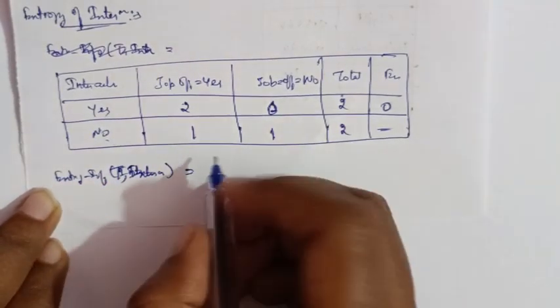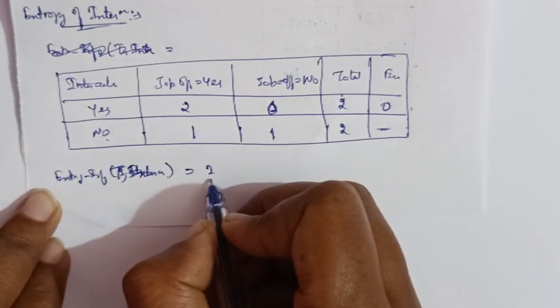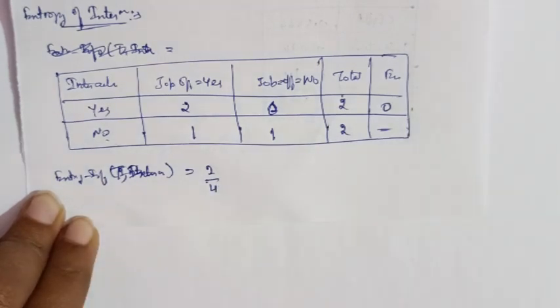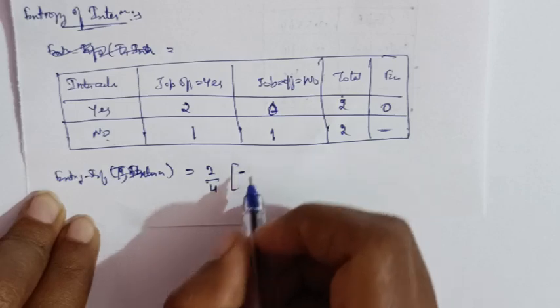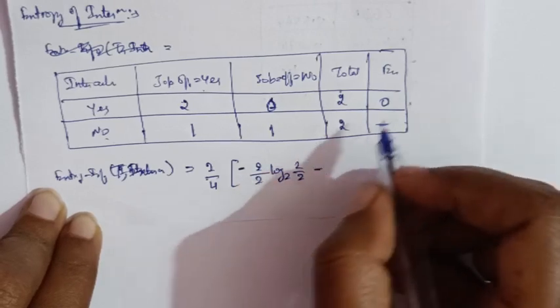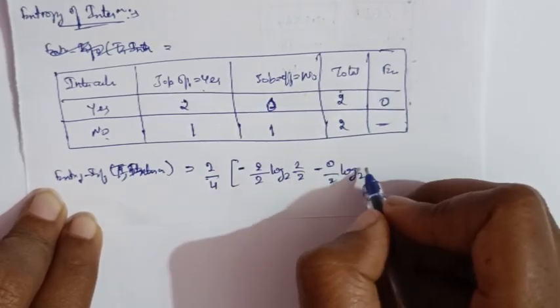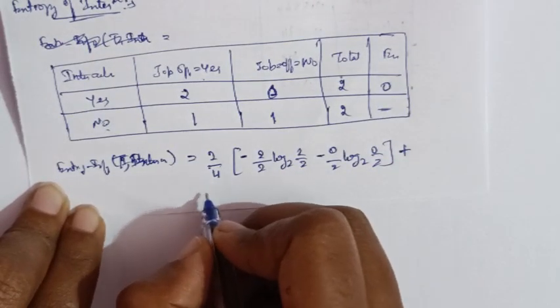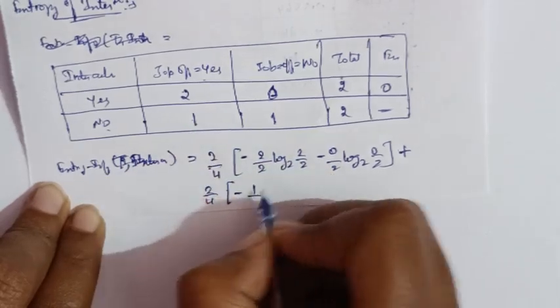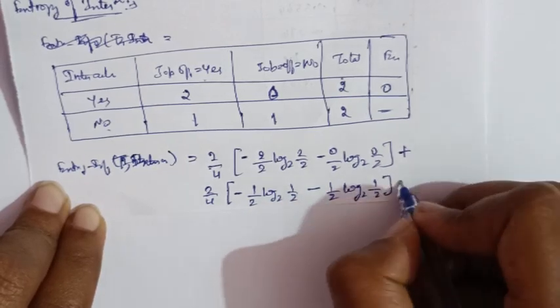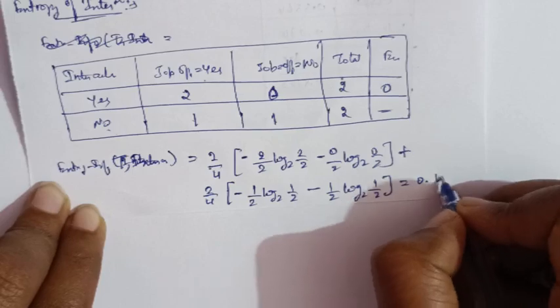Here we have total as 2 by 4, minus, for S we have 2 by 2 log 2 2 by 2, minus, for no 0 by 2 log 2 0 by 2, this whole is equal to 0 only, plus 2 by 4 times minus 1 by 2 log 2 1 by 2 minus 1 by 2 log 2 1 by 2, which will be equal to 0.4997, and we have to calculate the gain for it now.